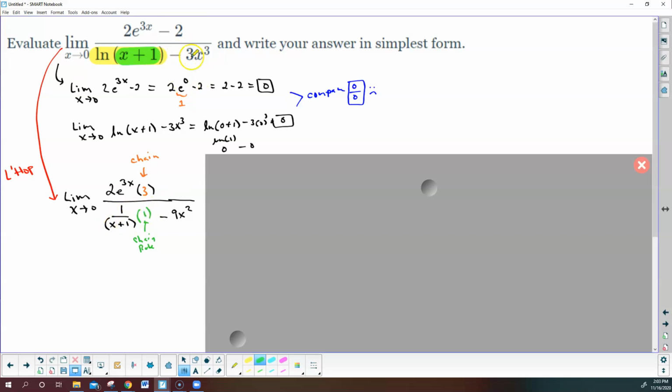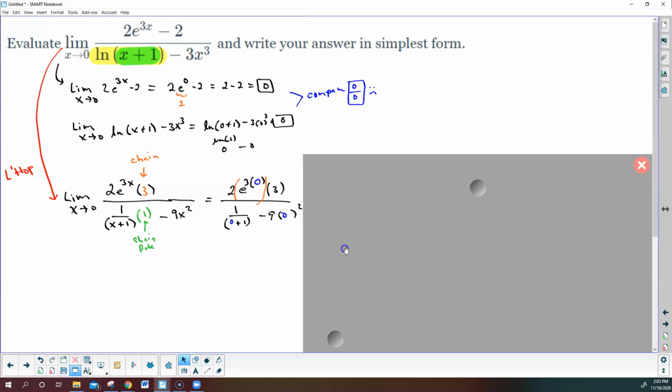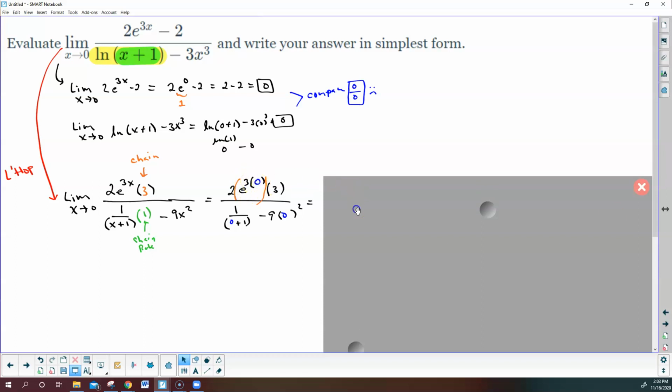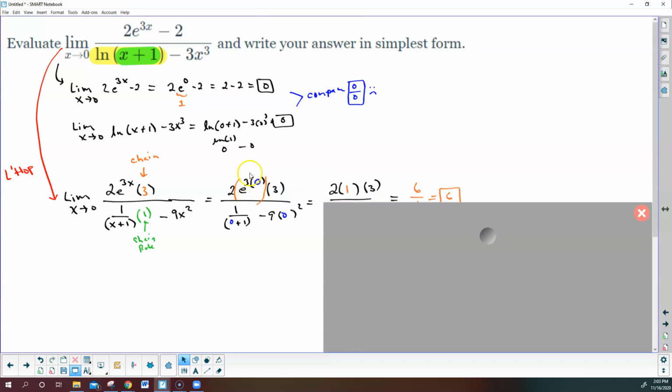And then I have the derivative of 3x to the third. Well, that 3 comes down, multiplies by 3, so I get 9x squared. So now I'm going to apply, and you could just plug in 0. That's what I end up doing. I know if I plug in 0 for x on the top, I get e to the 3 times 0, or e to the 0, which is 1.